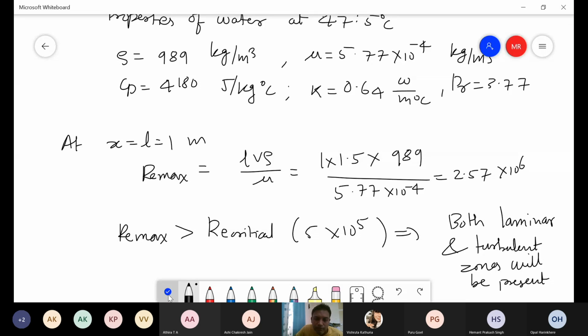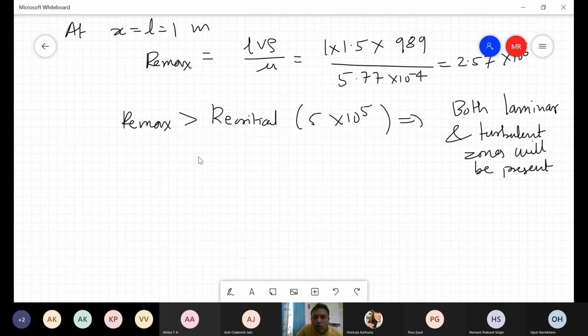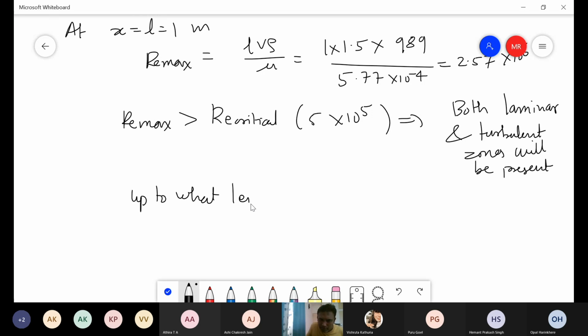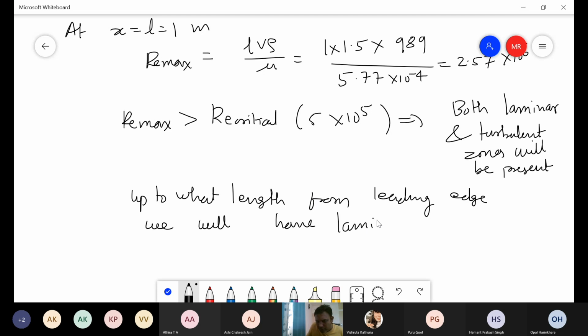Okay, clear? So now let us find out up to what length from the leading edge we will have a laminar zone.